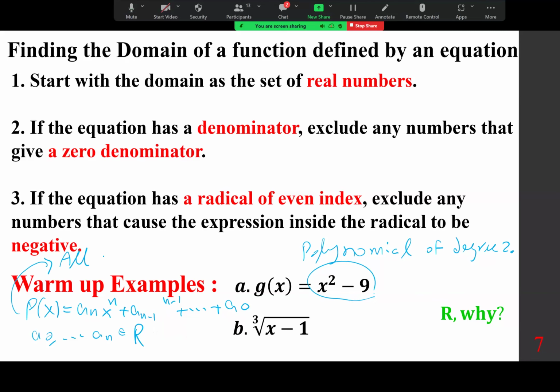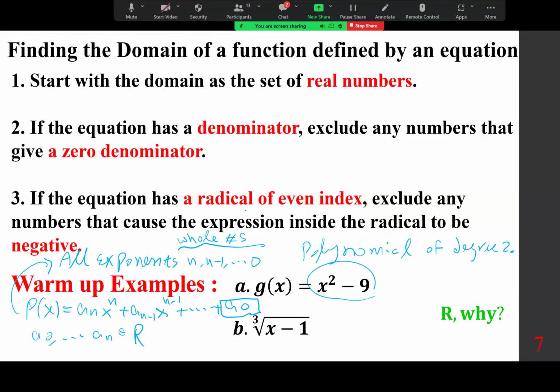And the exponents, all exponents, that means n, n minus 1, all the way, of course, to 0, because this last one has x to the power of 0, they are all whole numbers.